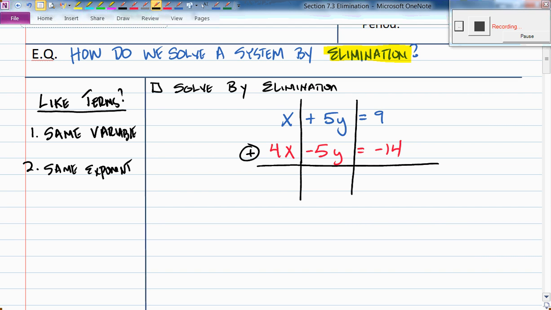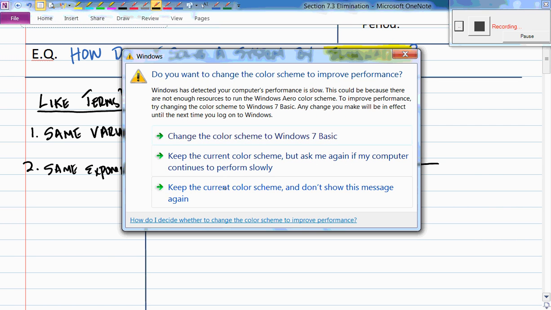So let's do it together. How much is x plus 4x? 5x. You are correct. How much is positive 5y take away 5y? 0y, exactly. And how much is 9 plus a negative 14? Negative 5. Okay, negative 5.